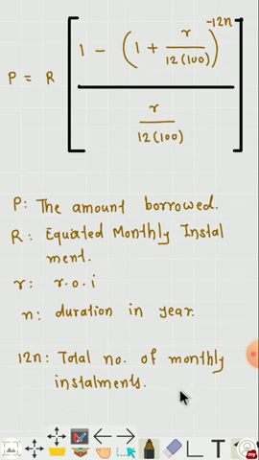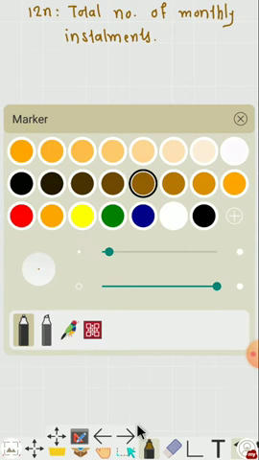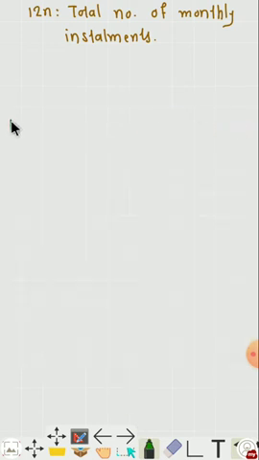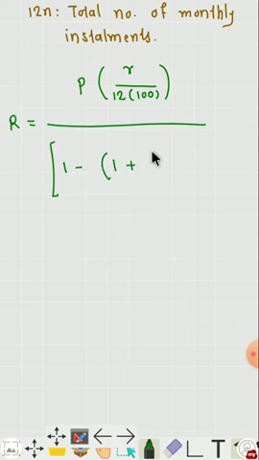From the above formula, we can write R is equal to P into r divided by 12 into 100, and whole divided by 1 minus (1 plus r divided by 12 into 100) whole bracket raised to the power minus 12n.